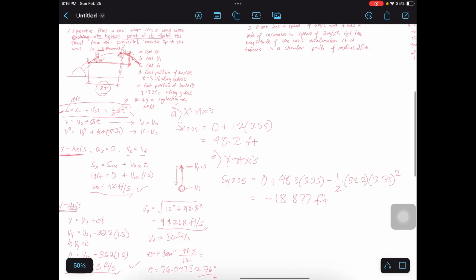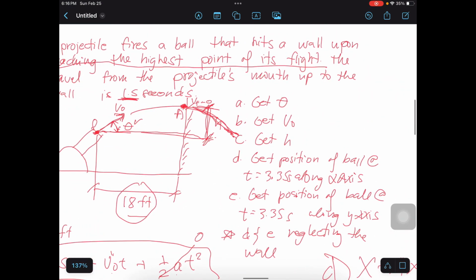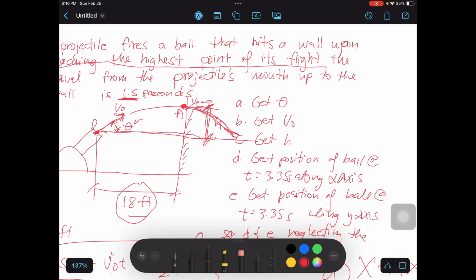Ibig sabihin, kung pupunta ka dito, ito yung x-axis natin. Ibig sabihin, yung ball natin is nasa baba. Nasa ilalim na siya ng x-axis, dahil negative na yung y value niya. Pero yung x natin is nandito.